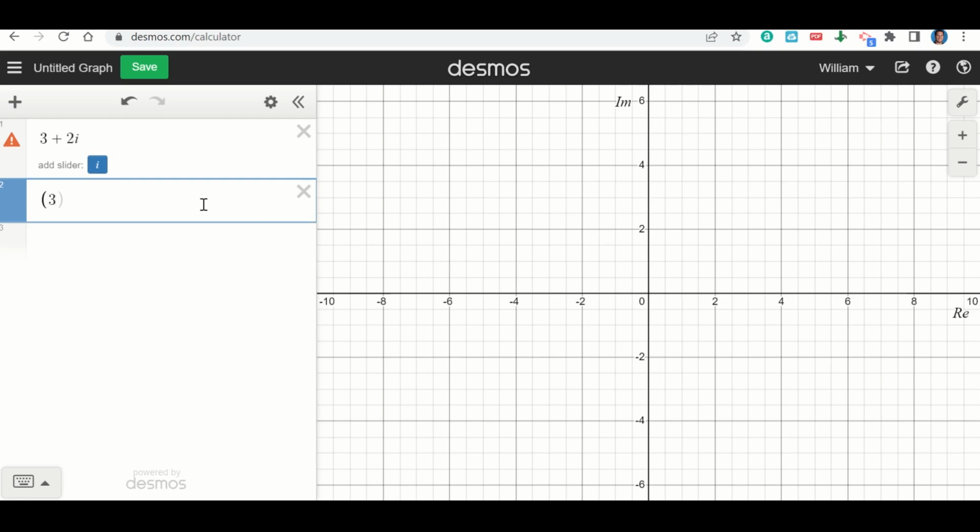We put 3, because that's our x, and then our y, which is 2. And then we can label it, and now we have a graph of 3 plus 2i on the complex plane. So that's how you graph and check your work for plotting complex numbers on the complex plane.